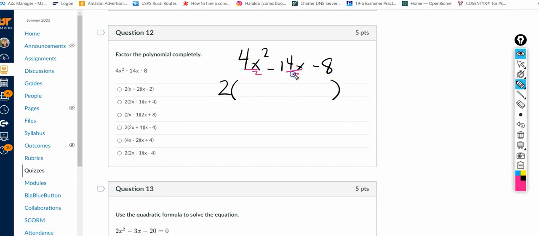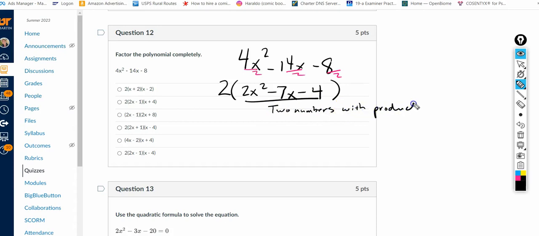Well, what I'm going to be left with inside there is going to be 2x squared minus 7x, minus 4. And now my job is to factor what's inside the parentheses. So if I'm going to factor what's inside the parentheses, I need to find 2 numbers whose product is going to be 2 times negative 4.